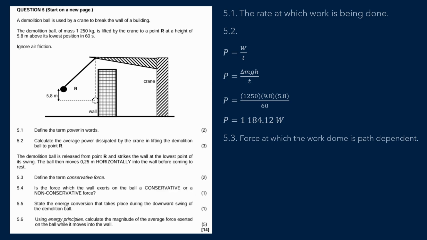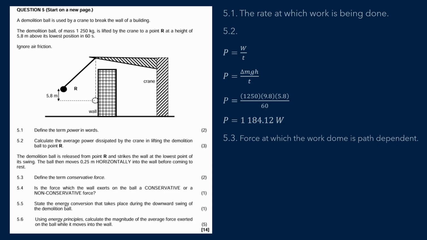5.5. State the energy conversion that takes place during the downward swing of the demolition ball. The ball started up at a higher height, and hence it had maximum potential energy, and moved on to a lower height with lower potential energy. The only energy that was present when the ball was at rest at R is potential energy.